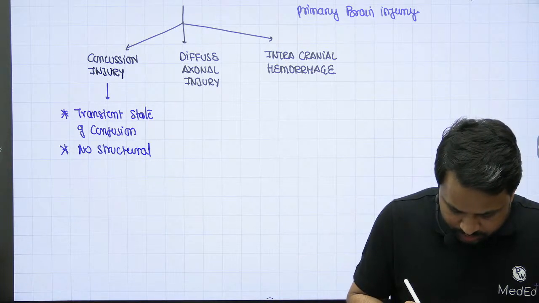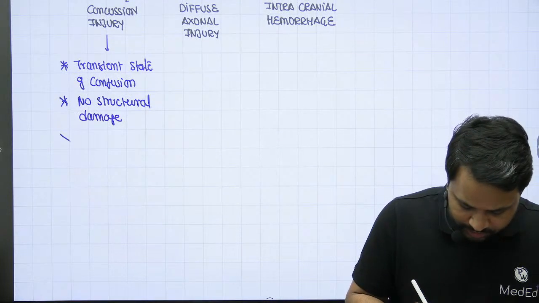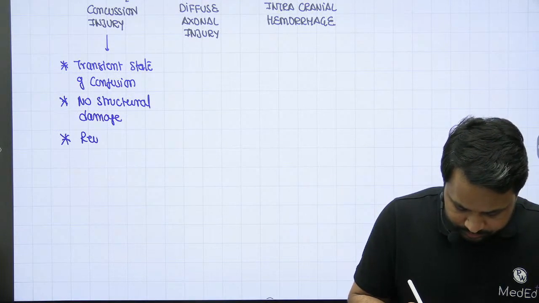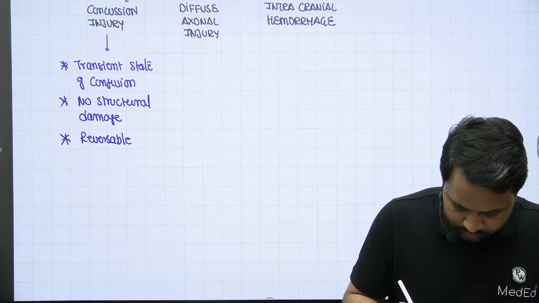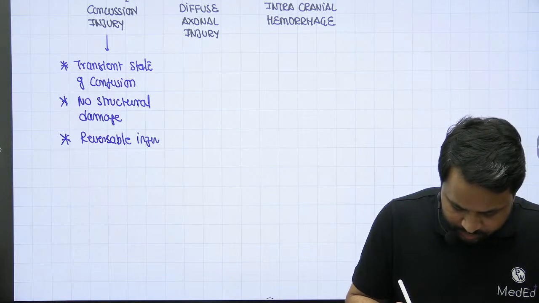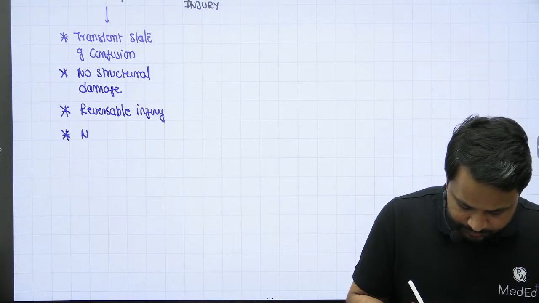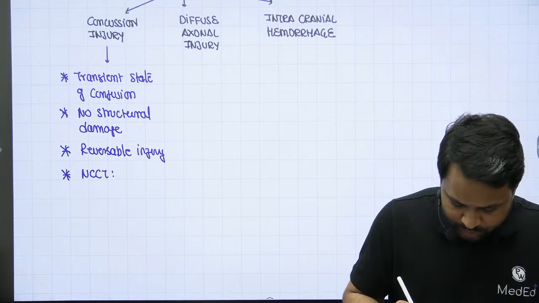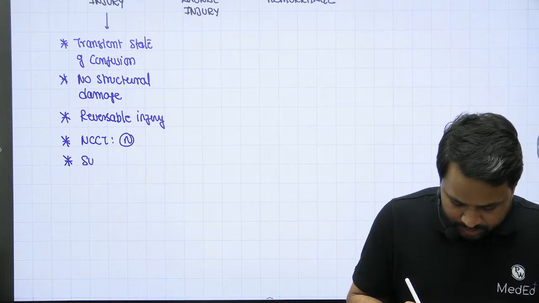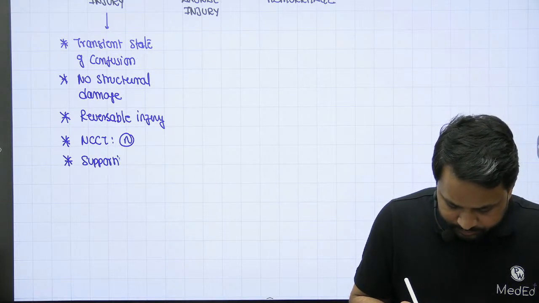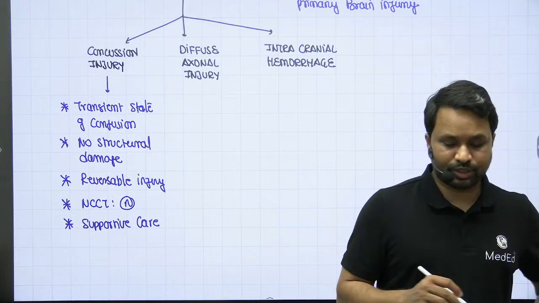Now, because there is no structural damage, it is usually a reversible injury. And when you get an NCCT done here, in these patients, it remains normal. There are no findings that you will see. So here it is only going to be supportive care. So nothing to be done here, just provide supportive care to the patient.